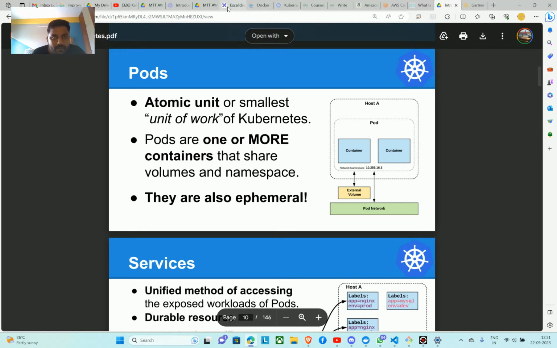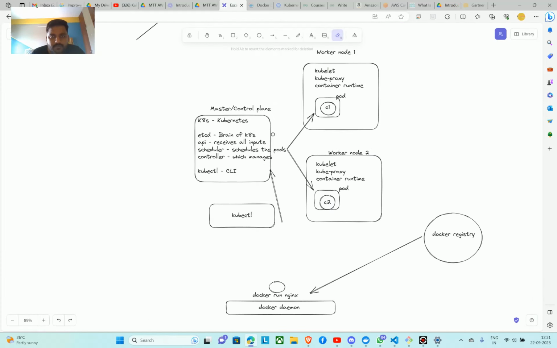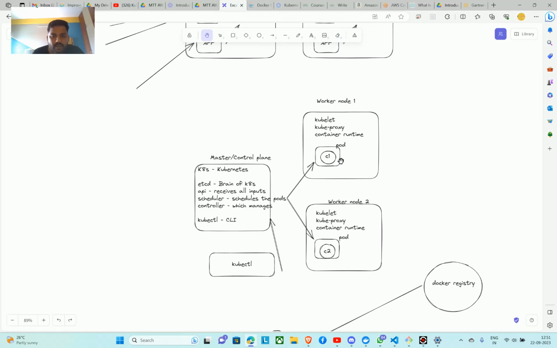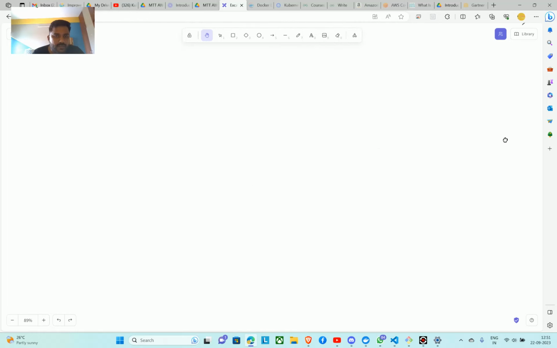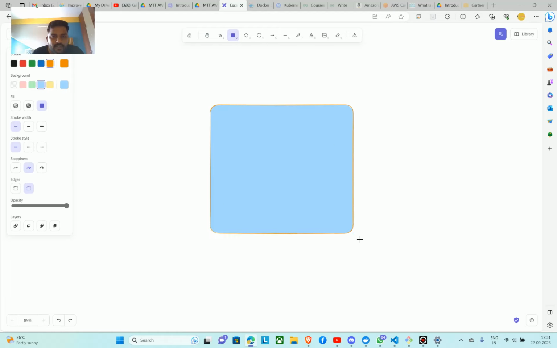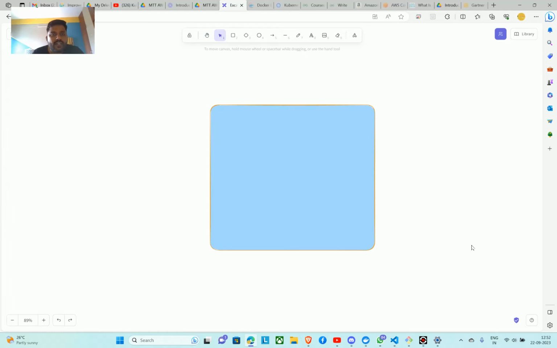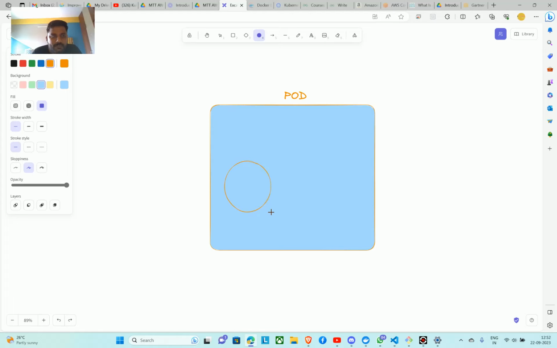So let me open up a board here and let me explain. Okay, now this is what I have already written, but I want to explain now the concept of a pod. The basic unit of work in Kubernetes is the pod. This is what I am writing right now, and inside the pod there will be containers running.